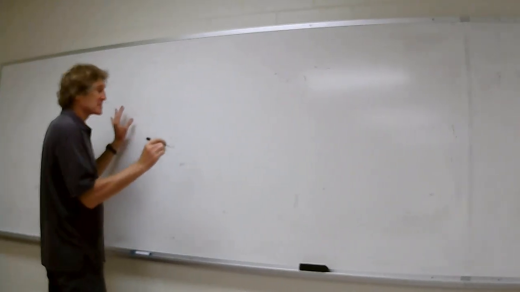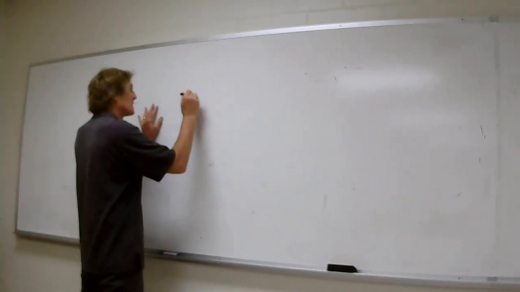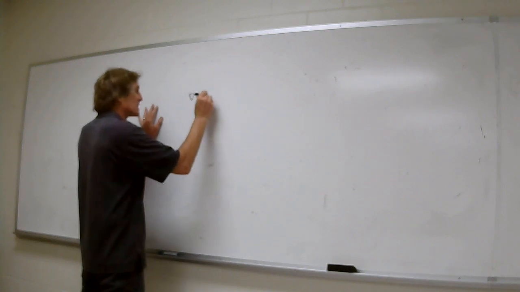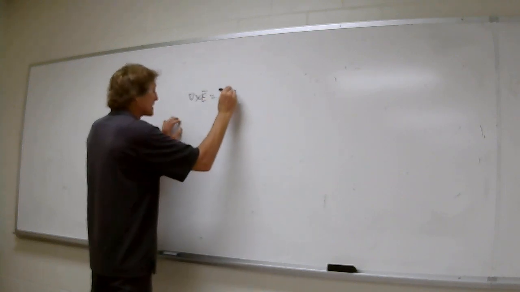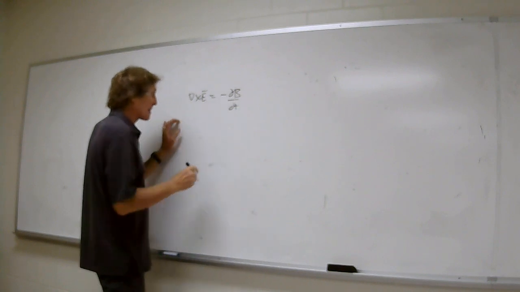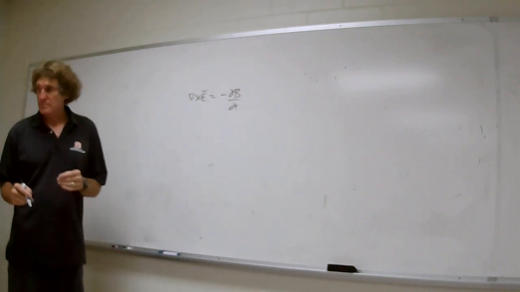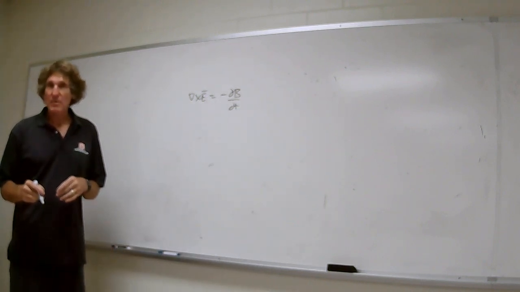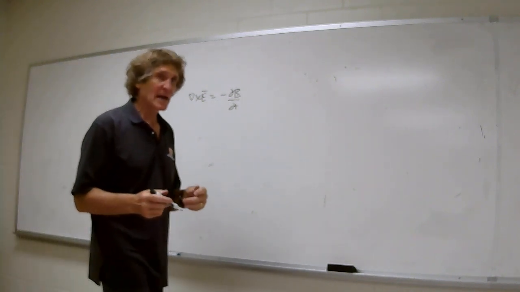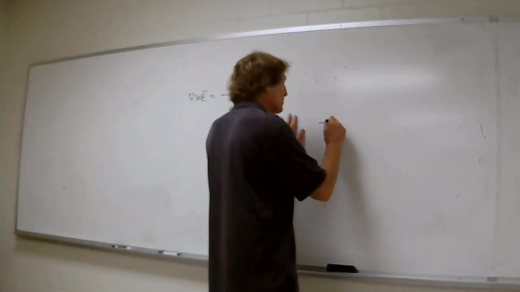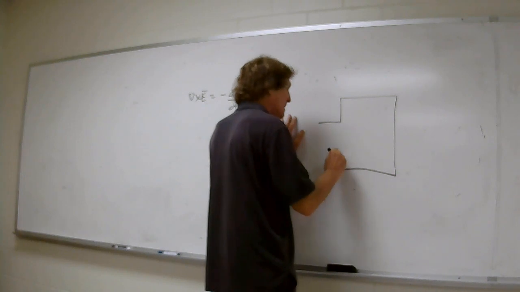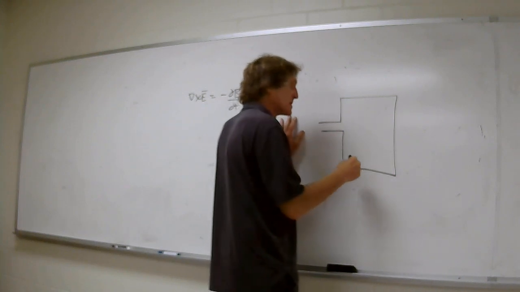This is abstract. So we know the curl of E is equal to minus dB dt. Okay? Now I'm going to keep going on this. So try to imagine a surface with a perimeter where I can actually put some conductor around it.